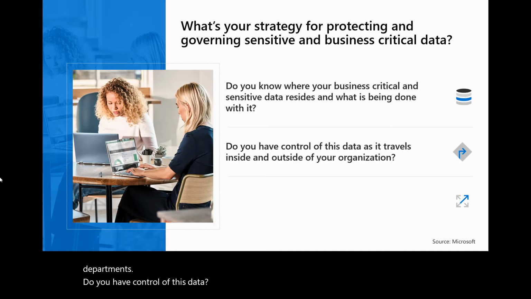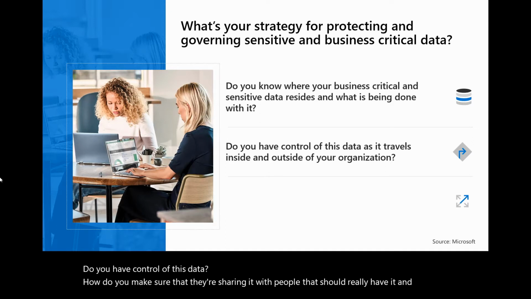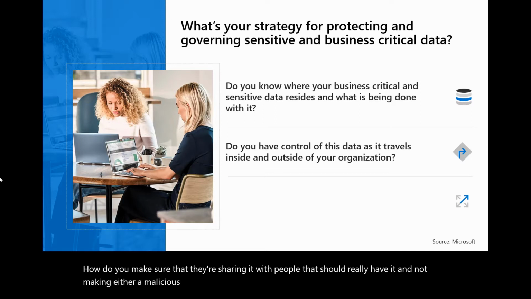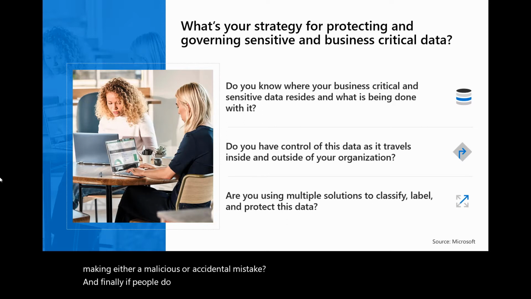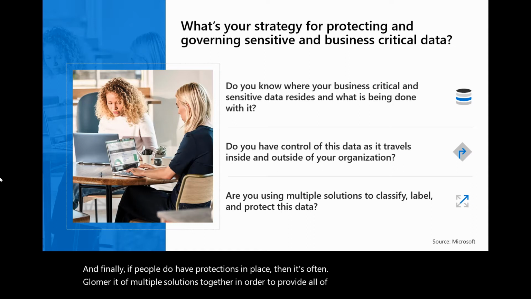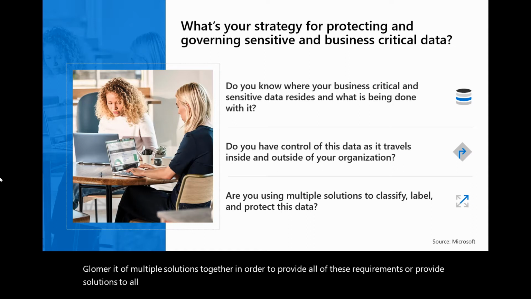How do you make sure that they're sharing it with people that should really have it and not making either a malicious or accidental mistake? And finally, if people do have protections in place, then it's often a conglomerate of multiple solutions together in order to provide solutions to all of these requirements.